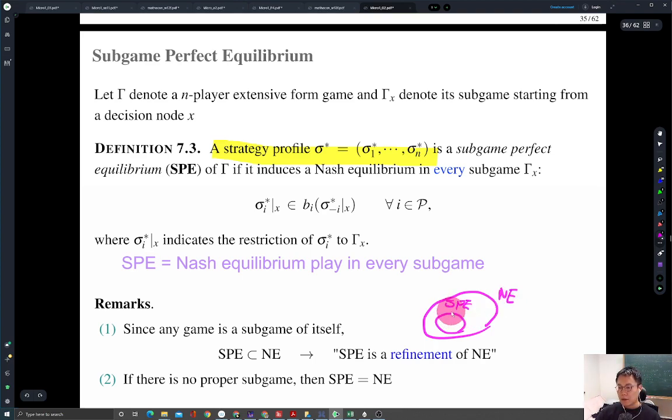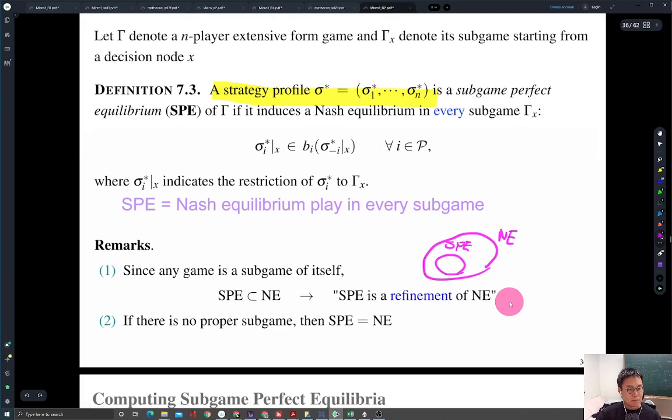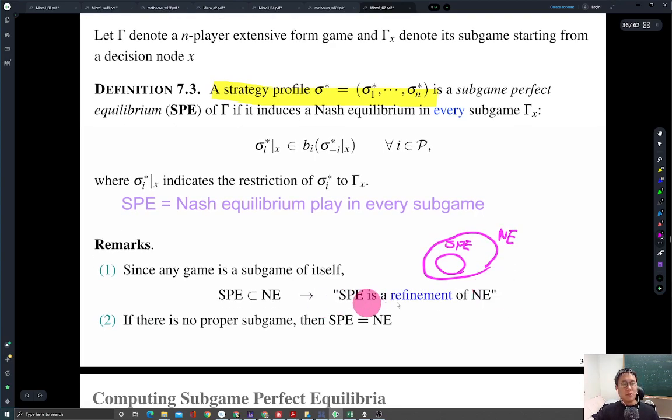But subgame perfect equilibrium requires Nash equilibrium play in every subgame. So we can easily see that SPE requires more conditions about players' behavior. As a result, SPE becomes a subset of Nash equilibrium. So in this sense, we say that SPE is a refinement of Nash equilibrium. Some plays will be refined.